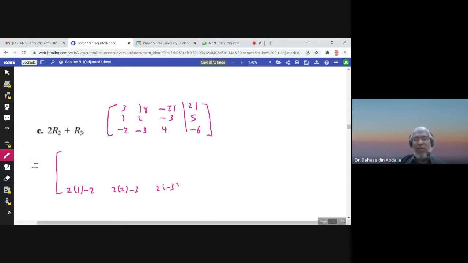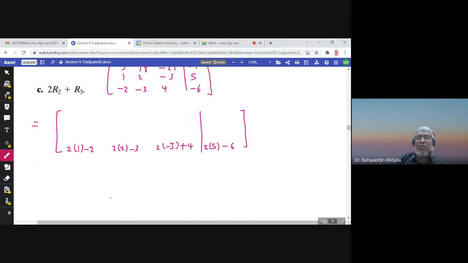So I multiply the elements of row 2 by 2 and add them to the corresponding elements in row 3. 5 multiplied by 2 and add to the element in row 3. This is the way to do this operation.